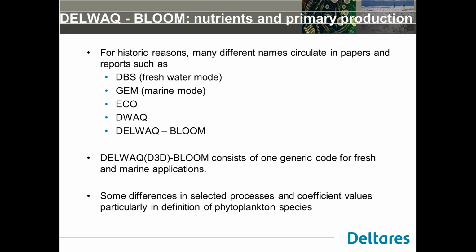But the thing to keep in mind is that actually there's only one generic code, Delvac Bloom, and that's applied for all marine and freshwater applications. These applications only differ basically in the processes that are included in the models and the coefficient values, particularly with respect to the definition of the phytoplankton species.